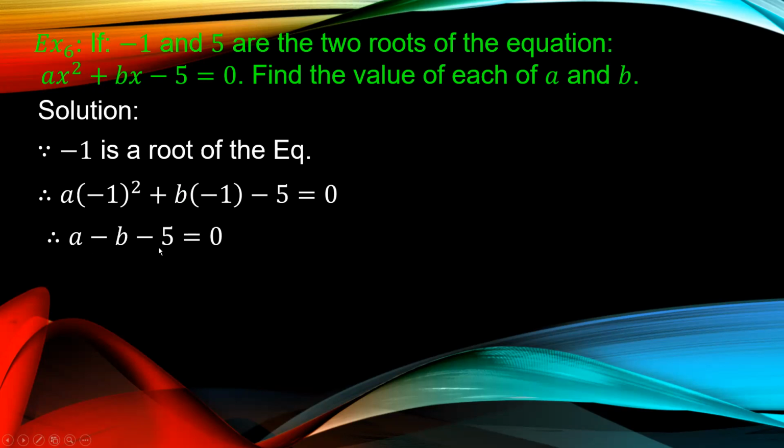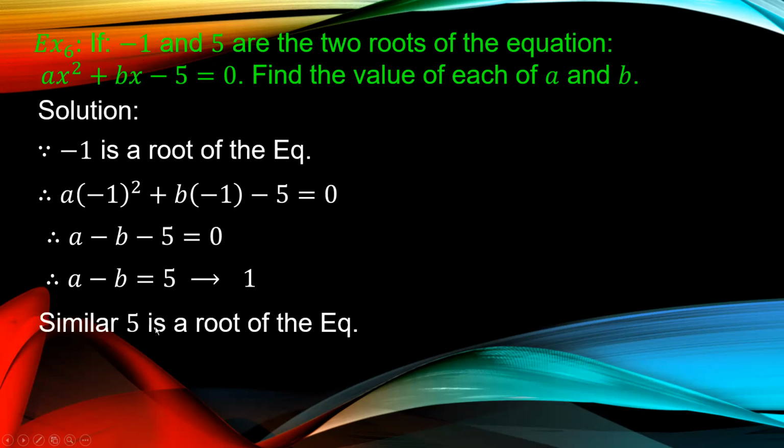It will be a minus b minus 5 equals 0. I will substitute also by 5. Here, a times 5 power 2 plus b times 5 minus 5 equals 0.